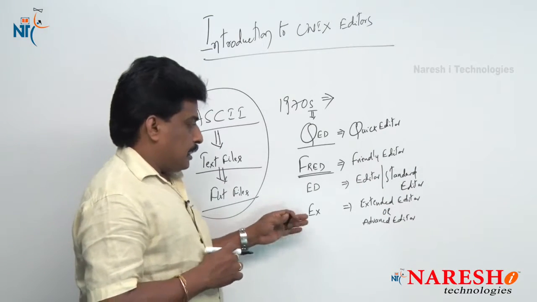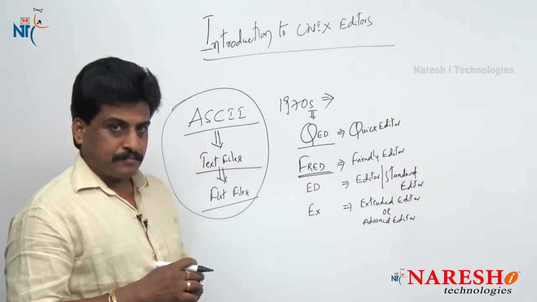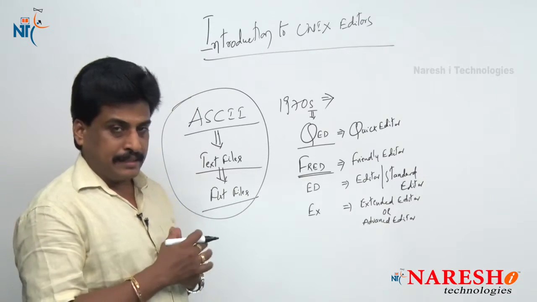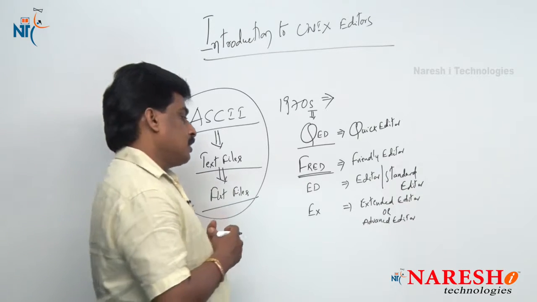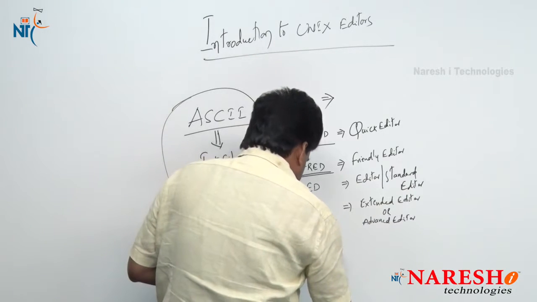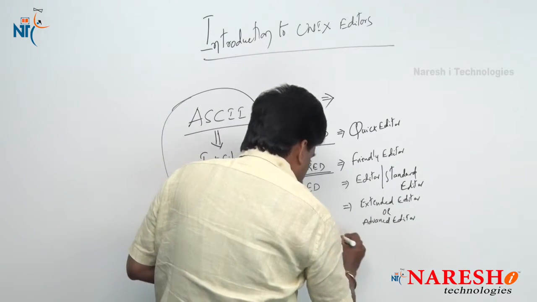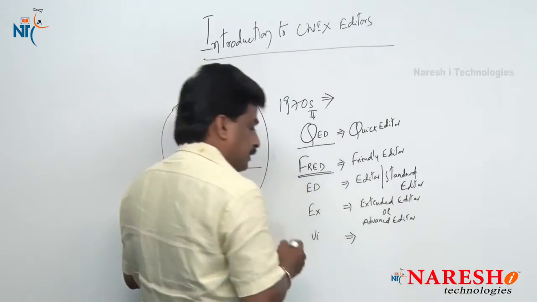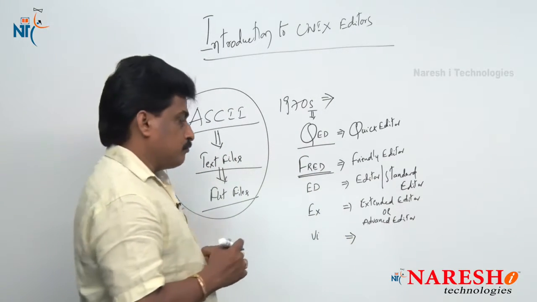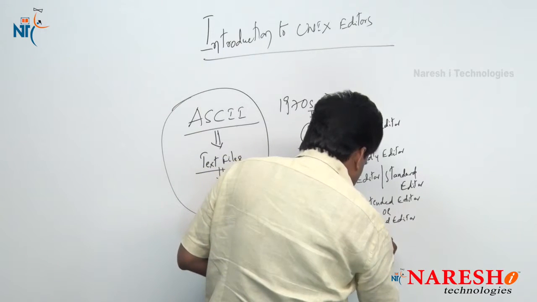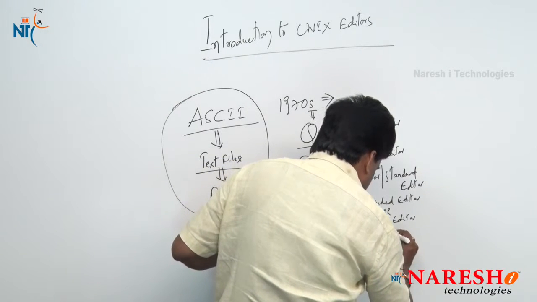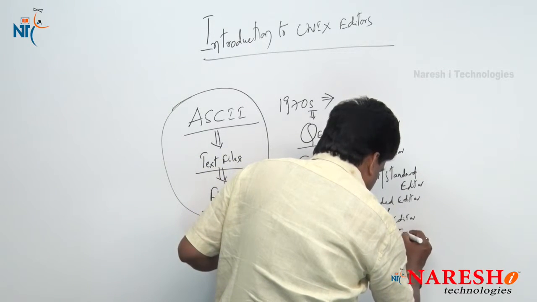So this is a line editor. Practically we can see the information on these line editors. Later from EX, VI was implemented. This is the visual editor for Unix flavors.